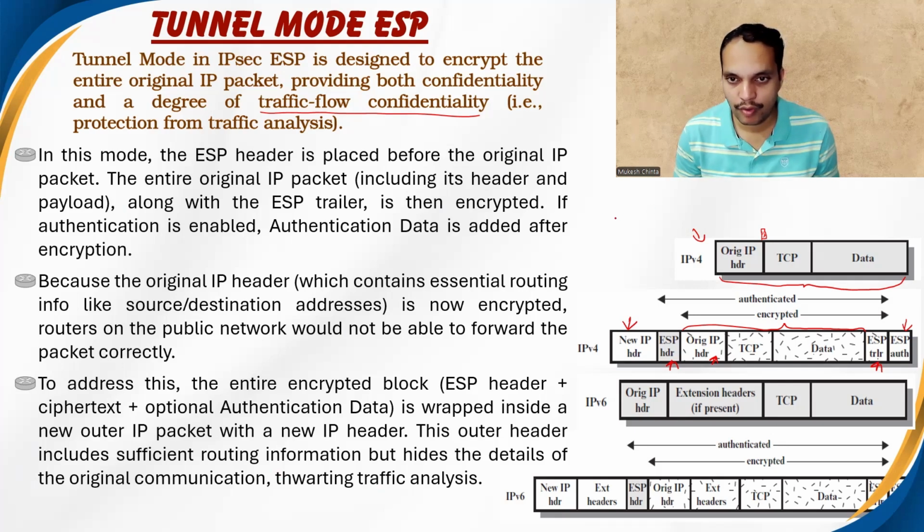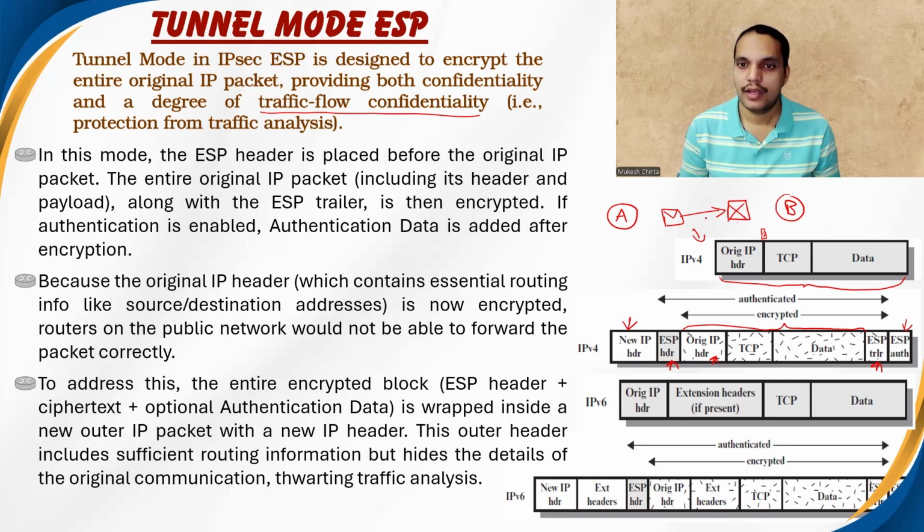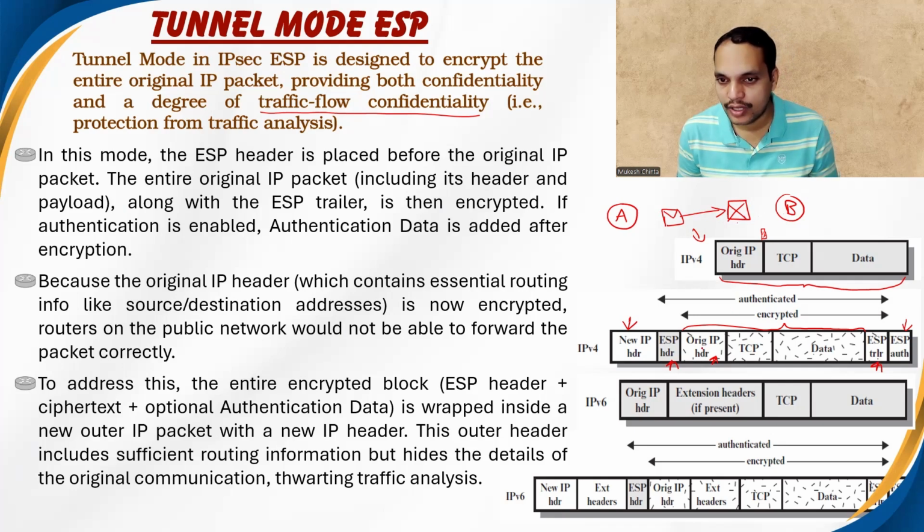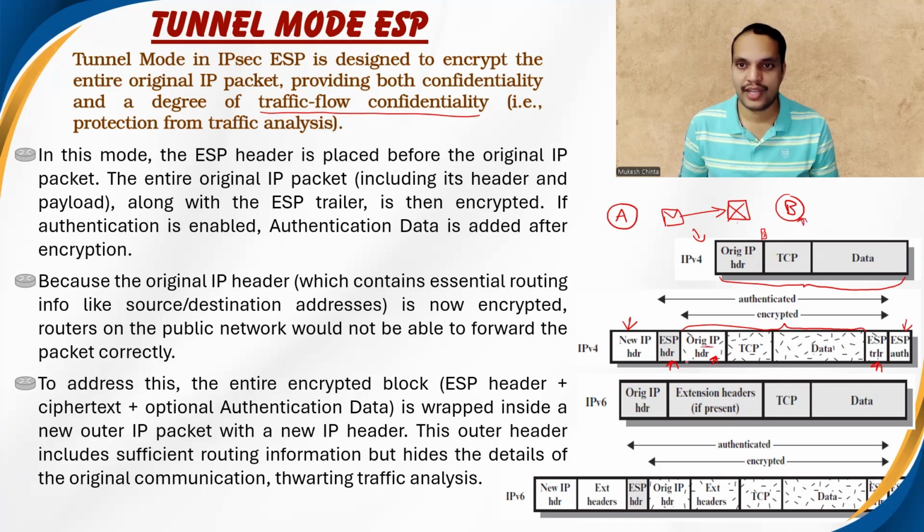Remember, I told you if I want to send a packet from source A to destination B via a firewall or a router present here, now this outer IP packet will have the information of this particular firewall but not B. The internal packet, in this original IP header, will have the destination as B. I'll show you with an example.